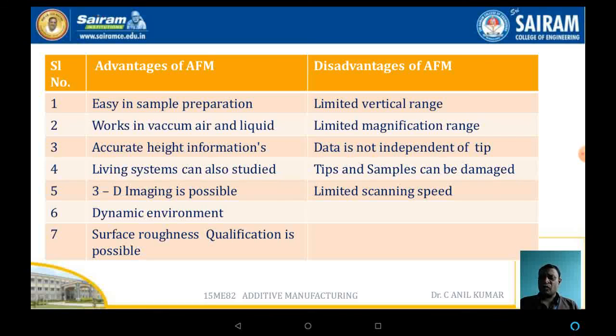Living systems can also be studied. 3D images are possible, dynamic environments, and surface roughness quantification is possible. The main disadvantages are limited vertical range, limited magnifying range, data is not independent of the tip, the tip and sample can be damaged, and it is limited to scanning speeds.